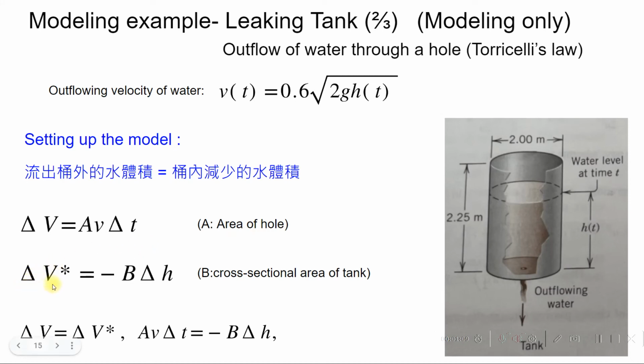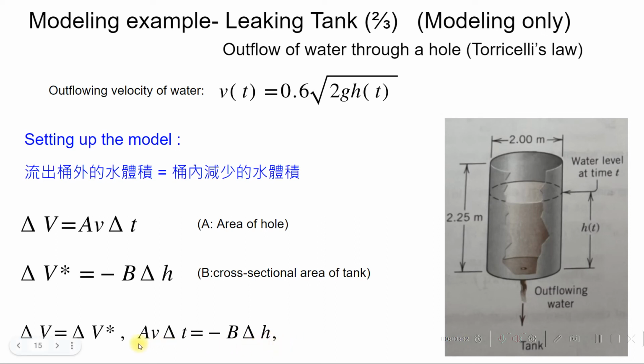Delta V star is the water volume diminishing within the tank, which is equal to minus B times delta h. B is the cross-sectional area of the tank, and delta h is the variation of water level. By equating delta V and delta V star, we can get this expression.